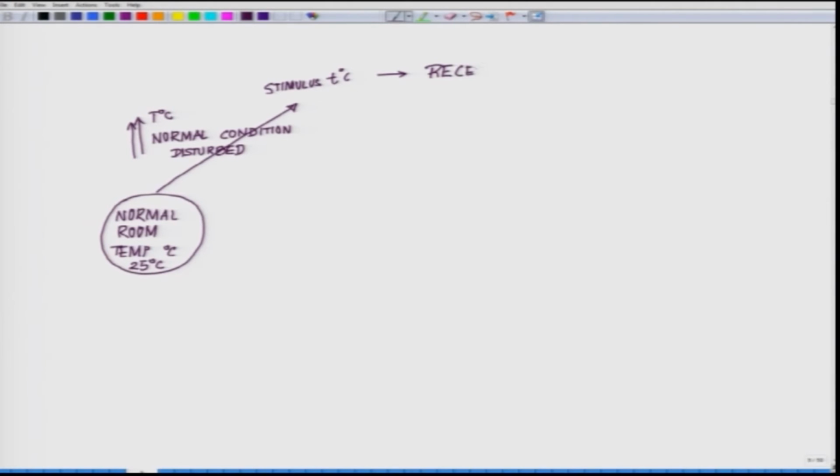In this case, the receptor will be an inanimate object, which is a thermometer. So, the thermometer senses that there is an increase in temperature of this room. This increase in temperature will be transmitted as information to the control center or thermostat setting.